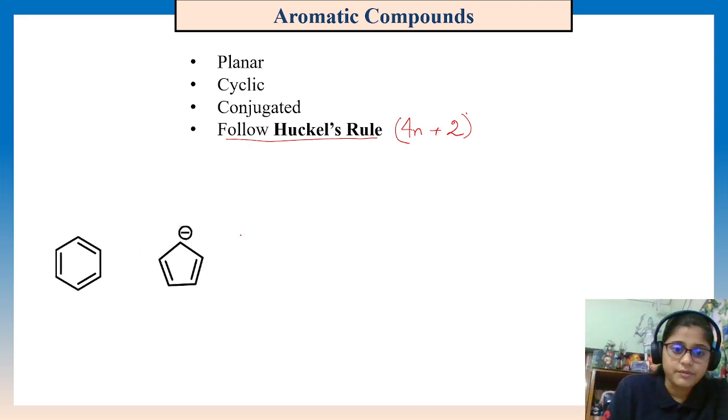Now in this one, we are only counting pi electrons, right? Two pi bonds are there, so 4 pi electrons. Is it 4 pi? No. Because in a cyclic system, this negative charge is here, and this negative charge will be in a p orbital. And we know pi bonds are made of p orbitals, right?